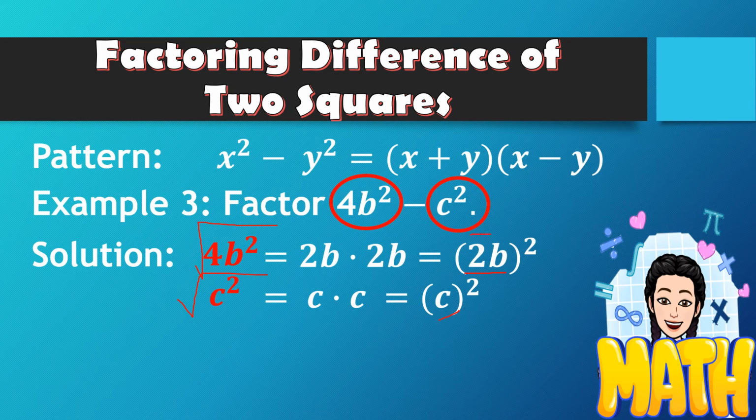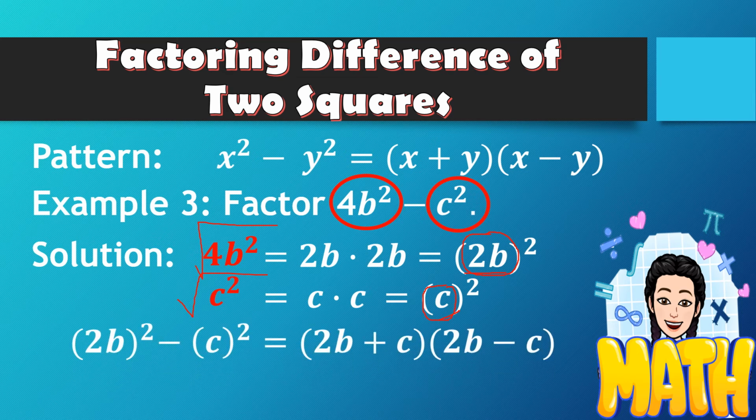So, gagamitin natin yung terms na 2b at c. Gagawin lang natin silang plus at minus para makuha ang factored form. Therefore, 2b plus c times 2b minus c is the factored form of 4b squared minus c squared.